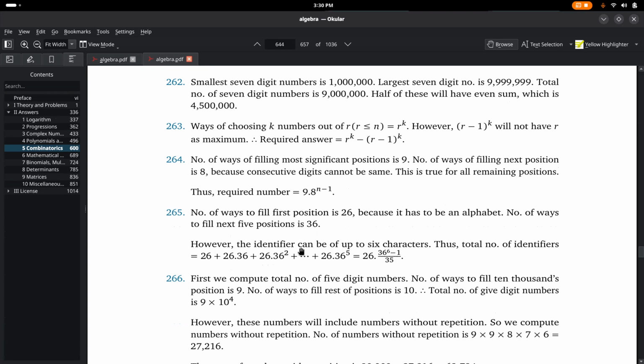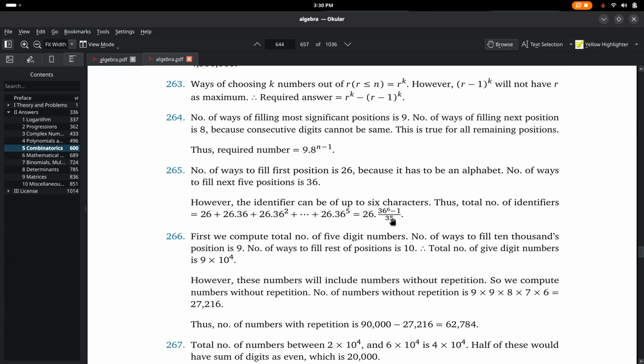For 4 characters it will be cube, for 5 characters to the power 4, and for 6 characters it will be to the power 5. So we can take 26 common, and then it will become a geometric progression, and we have the sum as 26 multiplied by (36 to the power 6 minus 1) divided by 35.